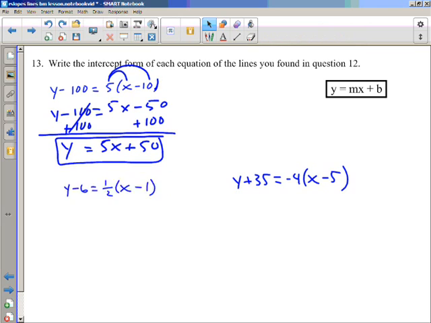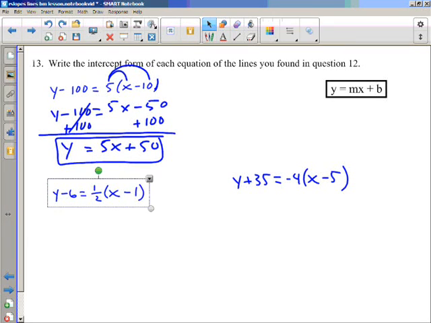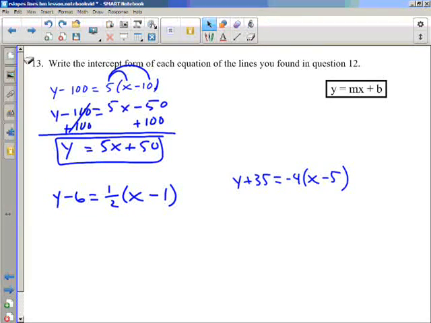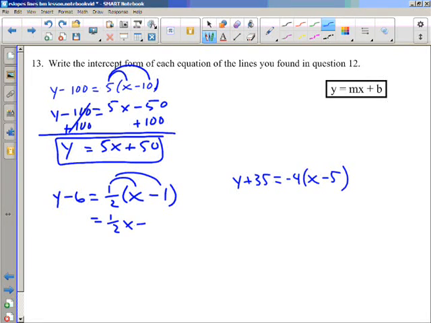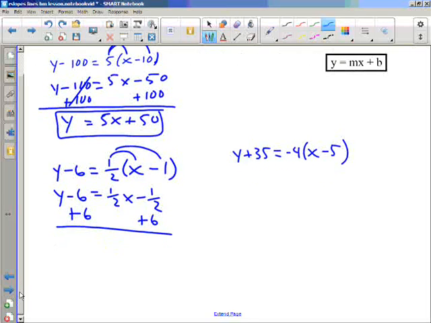Likewise, with this equation, we're going to want to distribute first. And then undo minus 6 with plus 6. A little bit of a problem here is that we don't have a common denominator when we're trying to add fractions. We need to assure that we have a common denominator.